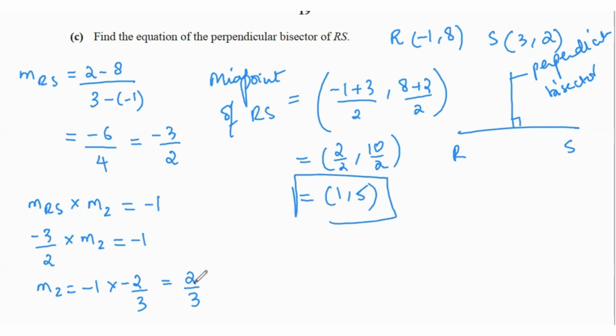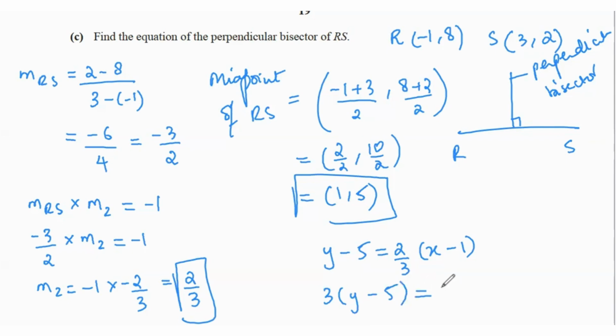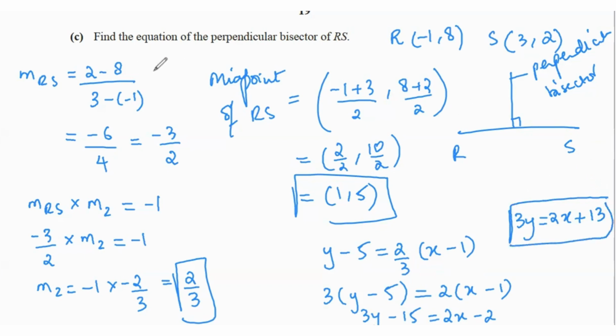So using this point and this gradient, we find the equation of the perpendicular bisector. y minus y1 equals m times (x minus x1). Cross multiply to get rid of the fraction. 3 times (y minus 5) equals 2 times (x minus 1). 3y minus 15 equals 2x minus 2. 3y equals 2x plus 13. It just says equation, so you don't need to convert it into slope-intercept form. You can leave it as it is.